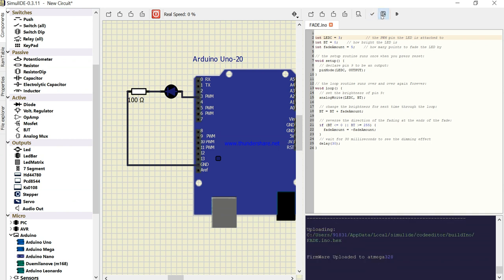Now upload and run. Let's see, it's working.